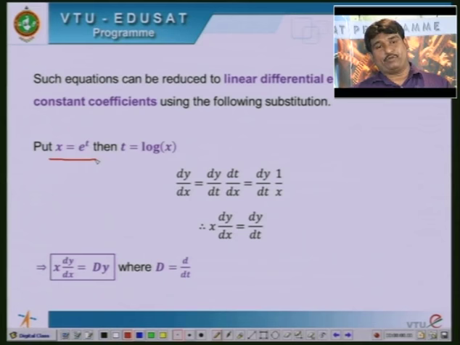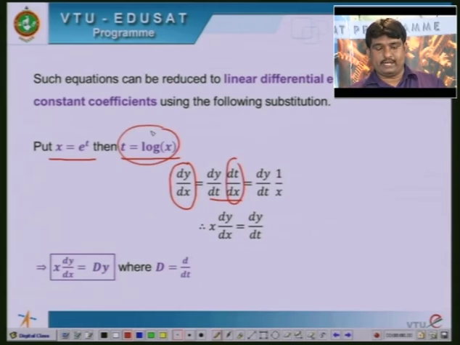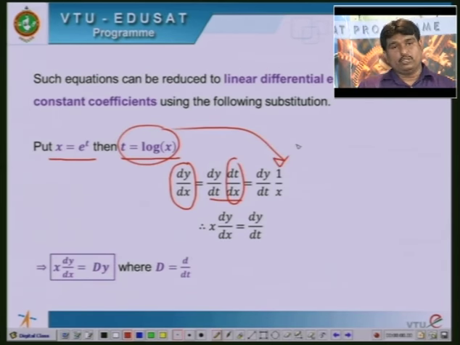If x is e to the power of t, I am changing the independent variable, and t becomes log x. So y is a function of x, which is a function of t. The actual derivative dy by dx becomes dy by dt into dt by dx, by the chain rule. What is dt by dx? t is log x, so dt by dx is 1 by x. Now cross multiply, and you will get x into dy by dx equals dy by dt.